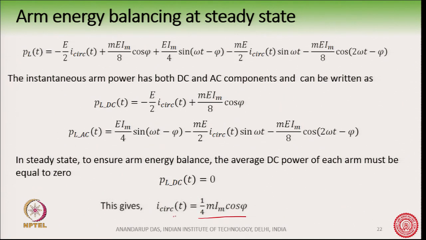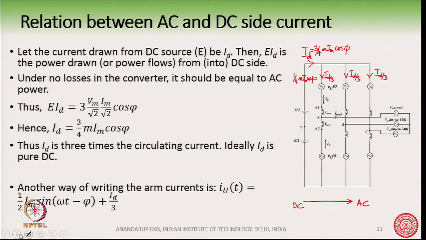We found from the power balance that the DC component of the circulating current is 1/4 m I_m cos phi, and we are also getting it from the overall power flow of the converter from the DC side and the AC side. Both ways we find that this much DC current is flowing through here. So, we are very sure that what we are doing is correct.